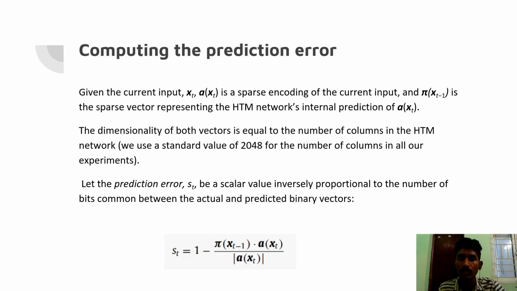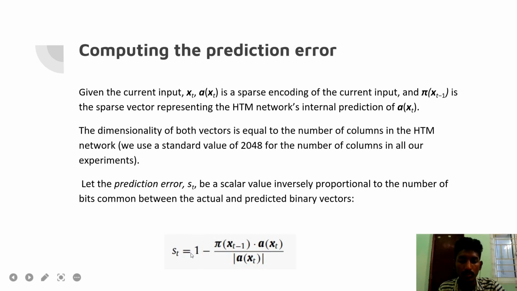We use a standard value of 2048 for the number of columns in all our experiments. Now let's say st is the prediction error. It is a scalar value inversely proportional to the number of bits common between the actual and the predicted binary vectors. This is the mathematical representation of prediction error st.